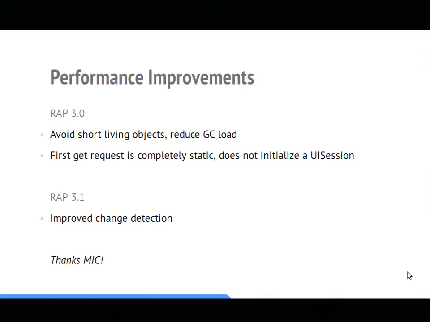So we try to avoid short-living objects by two measures. For one, we try to avoid using public APIs from internal code, which still do some checking and sometimes creating safe copies, because we don't need those safe copies internally. And the second is that we try to use less hash maps.